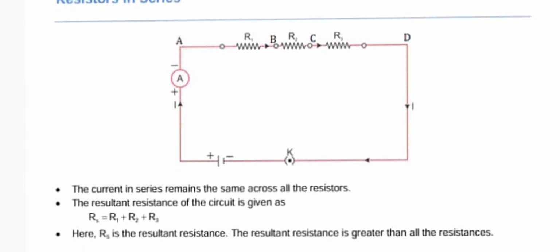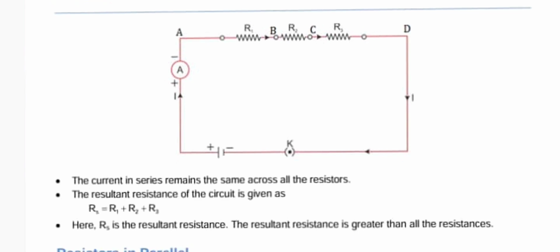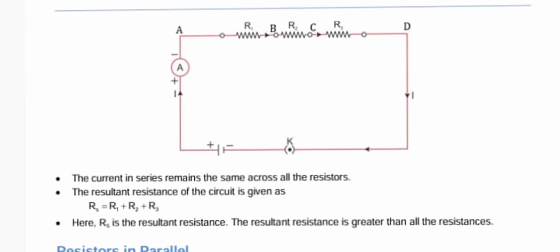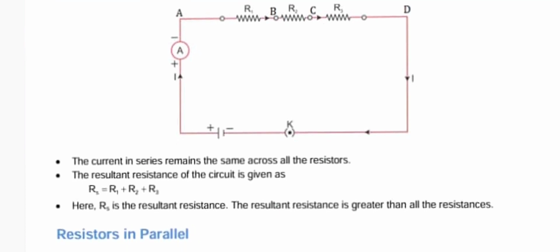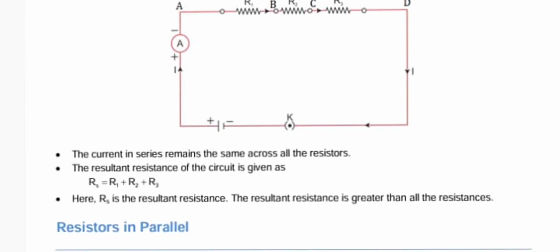The current in series remains the same across all the resistors. The resultant resistance of the circuit is given as R is equal to R1 plus R2 plus R3, where R is the resultant resistance. The resultant resistance is greater than all the individual resistances.